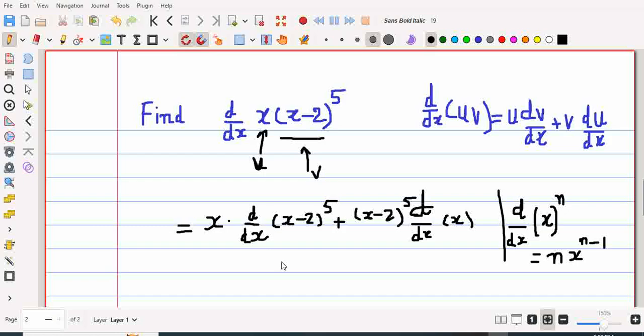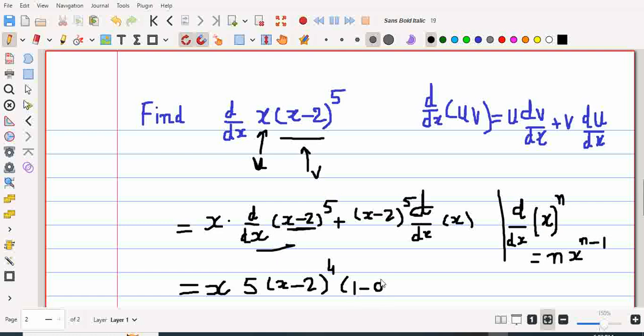So I use it here. x will be as it is, and this will become 5 times (x minus 2) power 5 minus 1, which is 4, times the derivative of the function. The original function is x minus 2. The derivative of x is 1 and 2 is a constant.